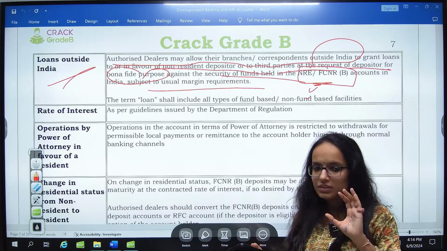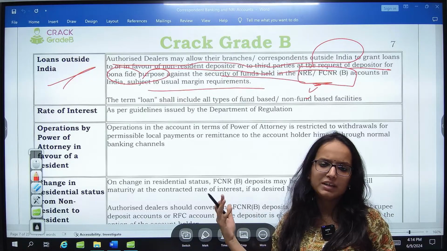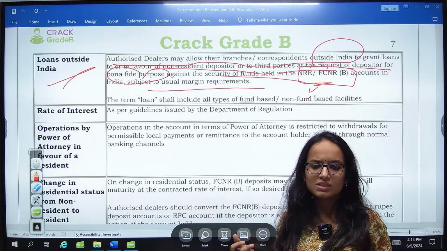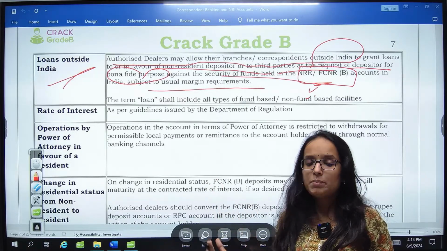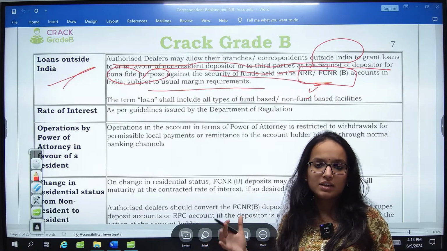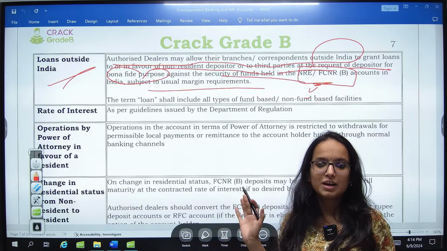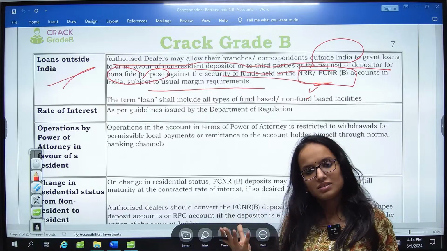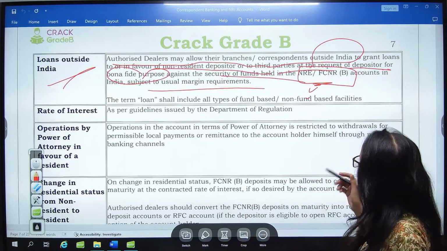So this is another provision. So yes, loan can be taken from outside branches of the authorized dealers, but keeping in mind that your balances in the NRE and the FCNRB account, either of them, has to be kept as security. This is to be remembered.